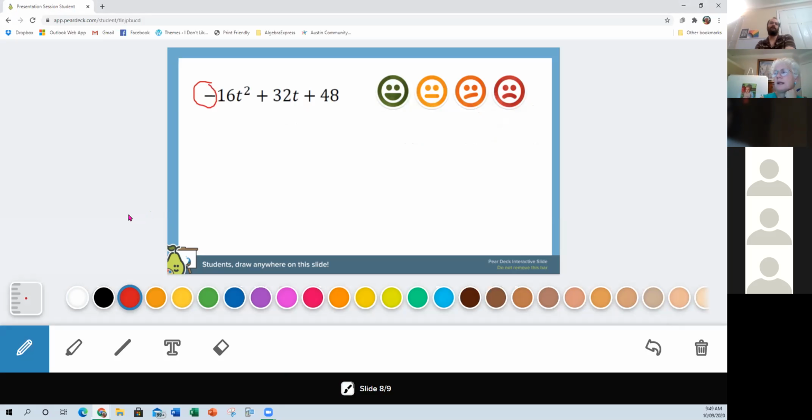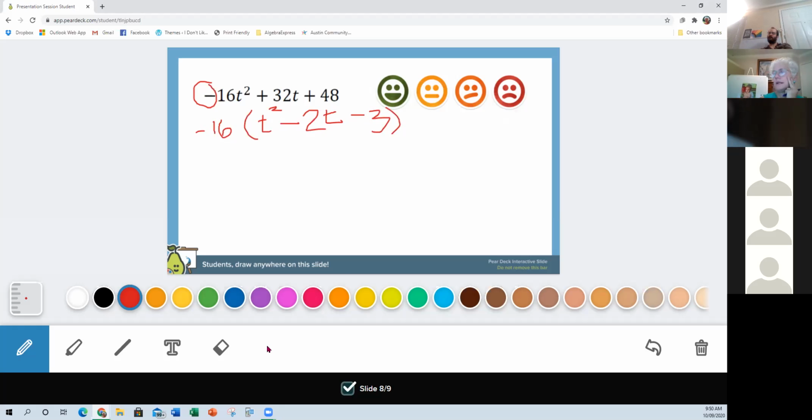So when you're factoring out the GCF, pull out that negative right off the bat, and that'll make your life easier. And what I mean by that is, like that.